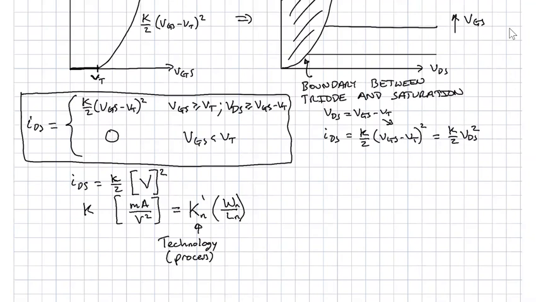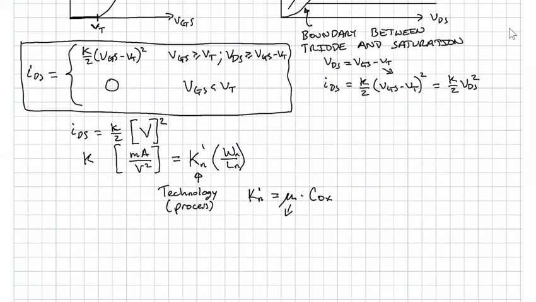If you wanted to know what was in that constant, Kn prime can be broken up into mu, which is mobility, times Cox. Mobility is just a property of the semiconductor. It depends on doping and on the semiconductor itself. You will learn more about mobility in ECE1032. Its units are centimeters squared per volt second, and it basically relates the velocity to the electric field that's applied.